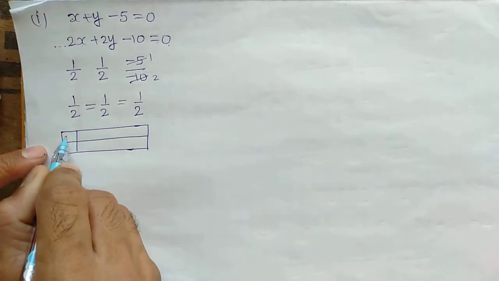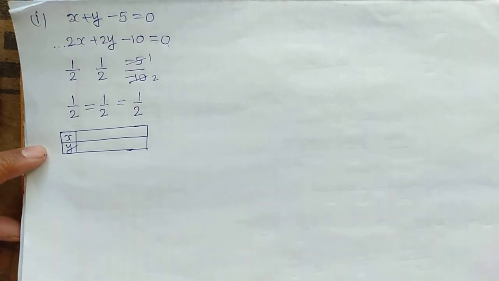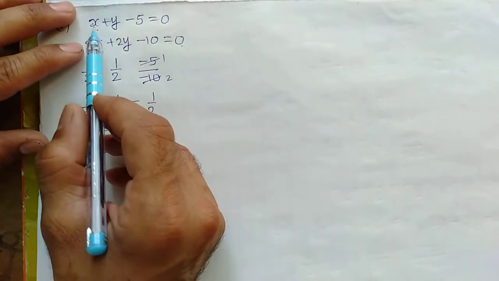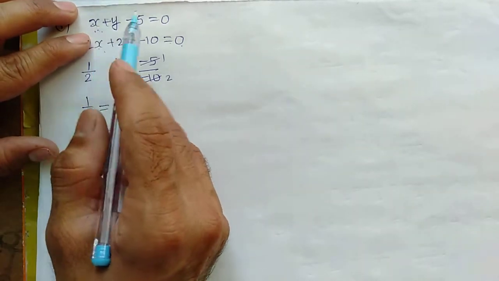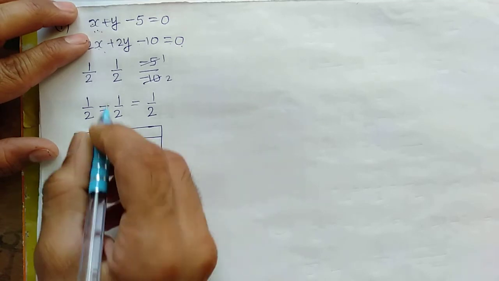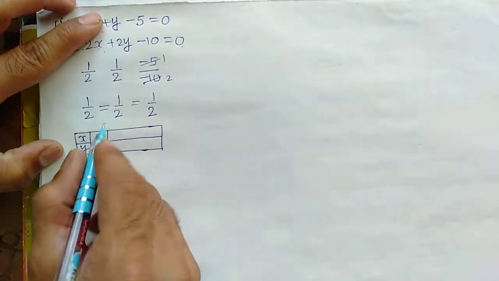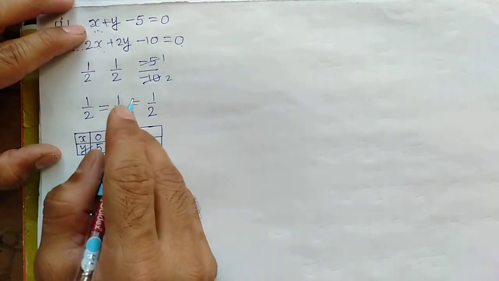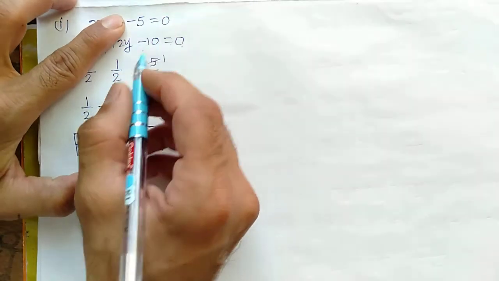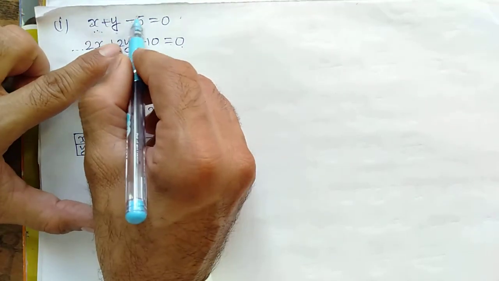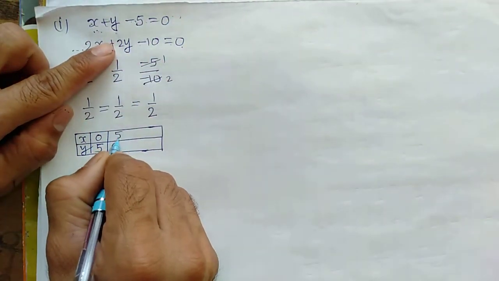So here we will write the value of x and here the value of y. Put in this equation, both are the same. If I take x equals 0, then y will be equal to, by transposing, 5. If I take y equals 0, then x will be equal to, by transposing, 5.